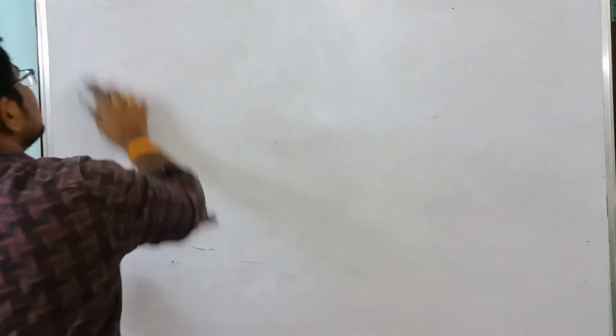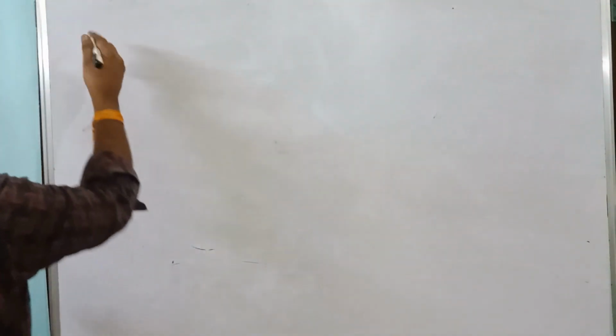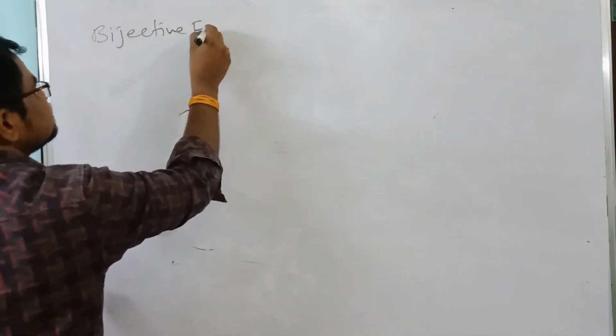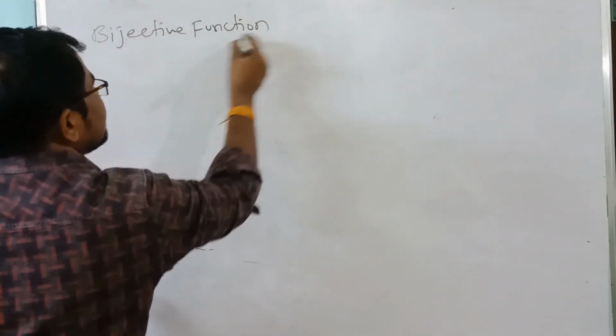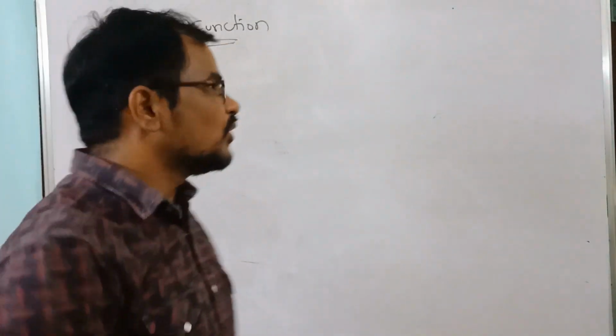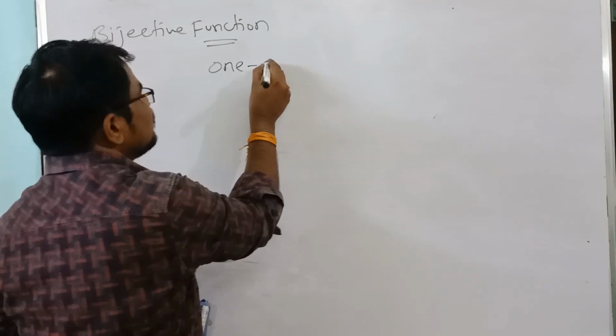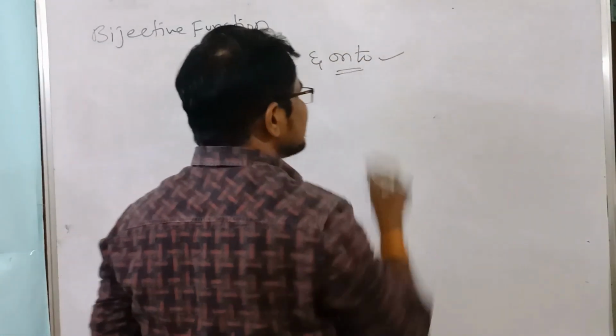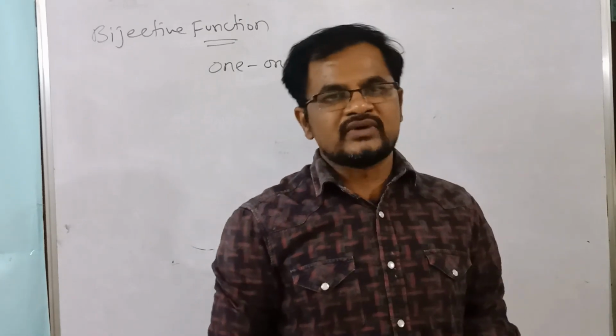Next, and last, is the bijective function. A function which is both 1-1 and onto is called a bijective function.